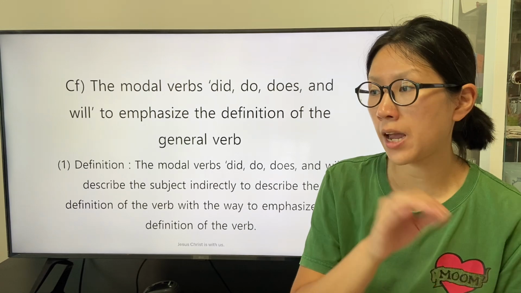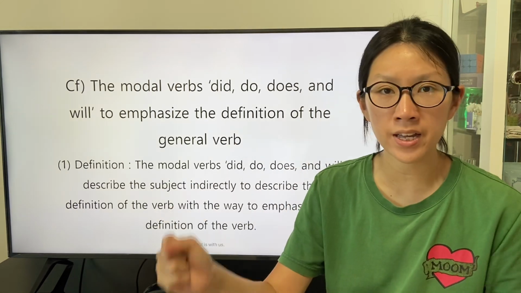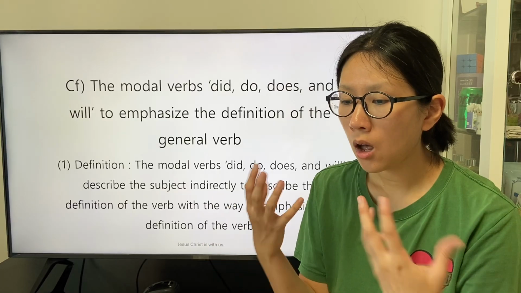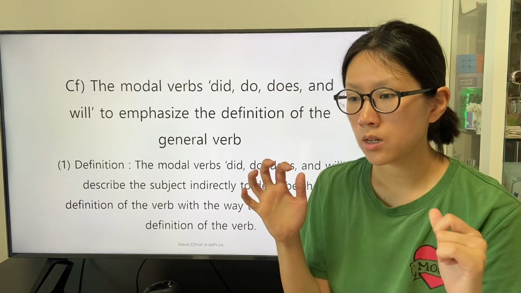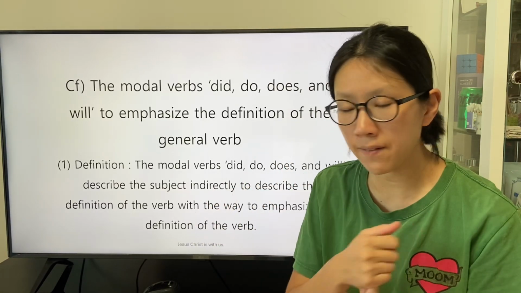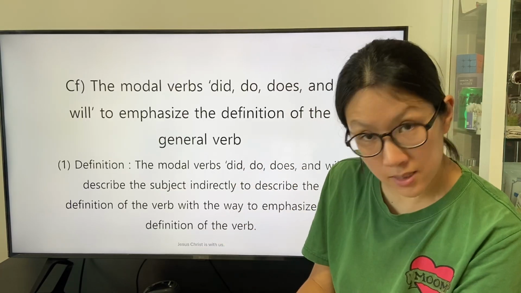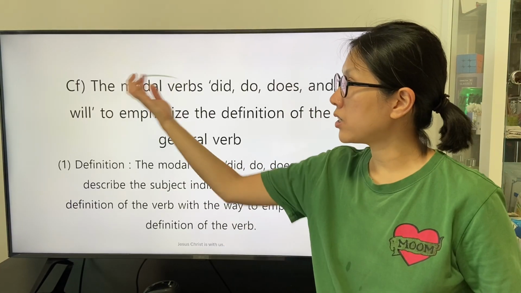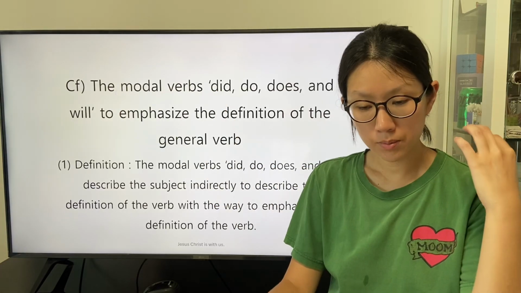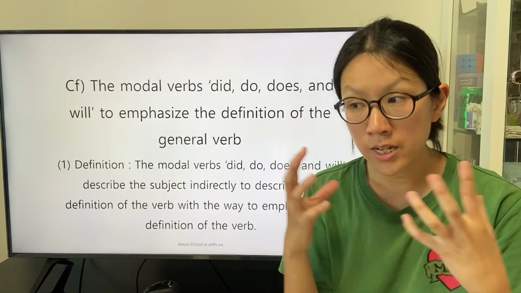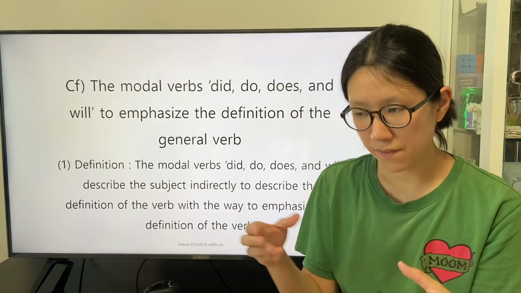The speaker states a negative statement and an interrogative statement that a be verb is applied without the modal verb did, do, or does from the inclusive trait of the be verb.